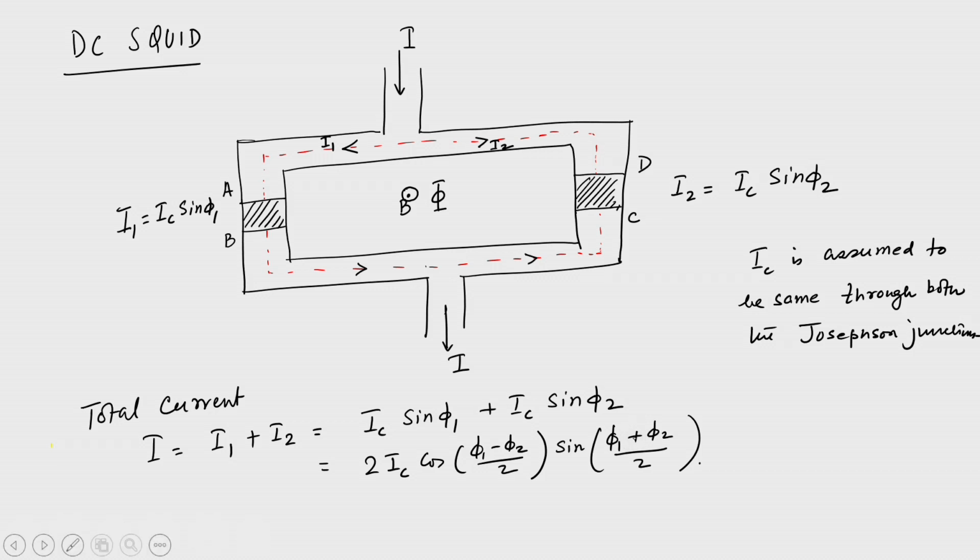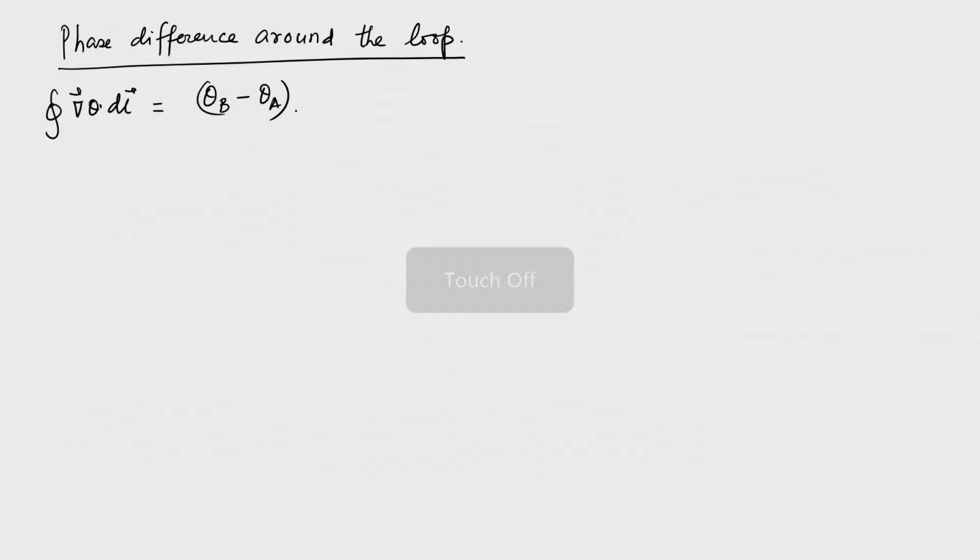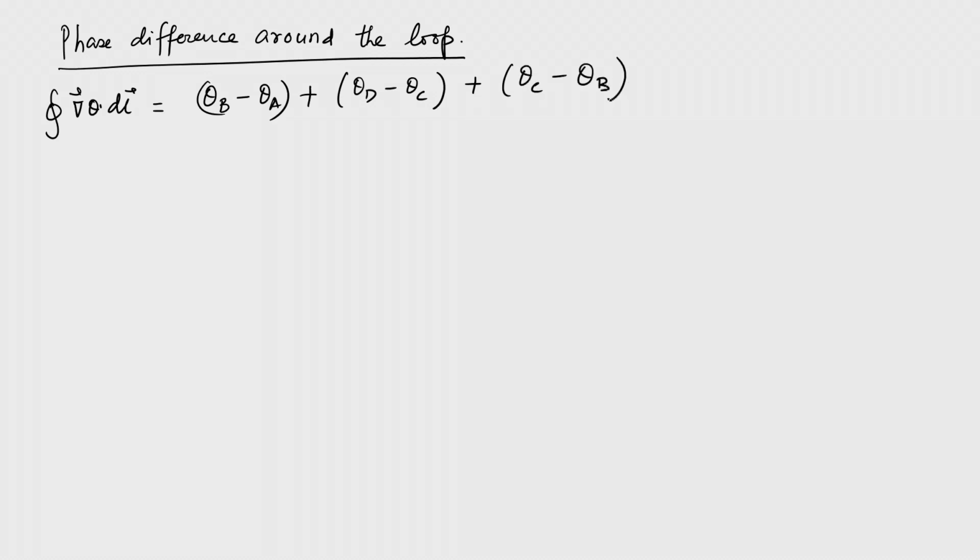Theta B could be at a larger phase than that of A, or it could be the reverse, but we have simply taken the total change in phase, the line integral over the entire contour, to be like this: theta B minus theta A plus theta D minus theta C plus theta C minus theta B.